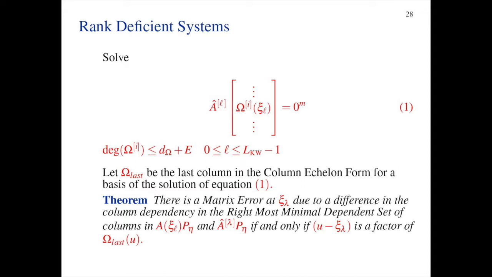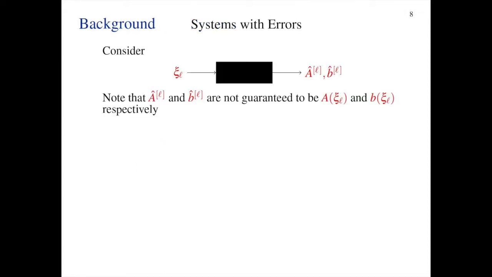Yes. So maybe it makes sense to go back to the very beginning and remind ourselves of the notation. So A hat is, so I have a black box with these linear systems.